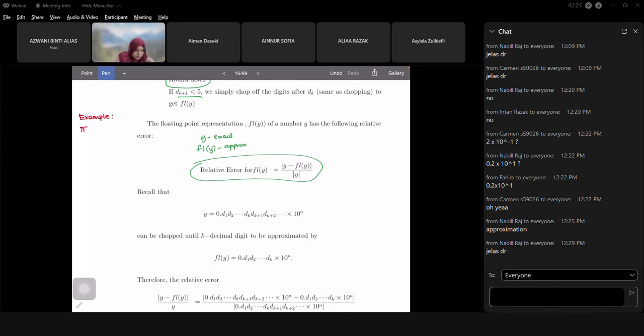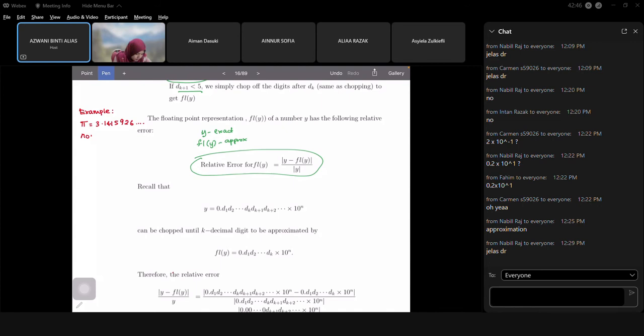Given pi adalah 3.141596. Ada lagi lah pengiraan dia dot kan. So normalized form untuk pi, okay, so sebelum plotting kita akan kena jadikan any number tersebut in a normalized form.